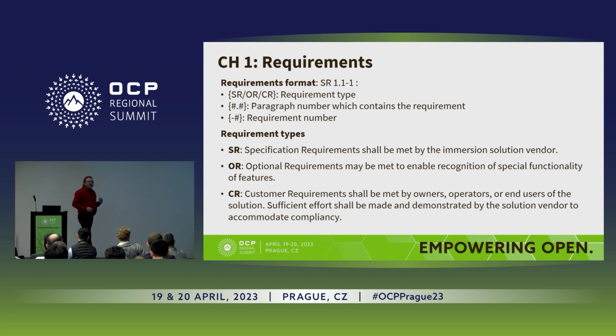Customer requirements are requirements that should be implemented by owners, operators, in general, end users, whoever is going to be responsible for owning or operating a solution. Some kind of behavioral codes or some types of implementation measures need to be in place for that.